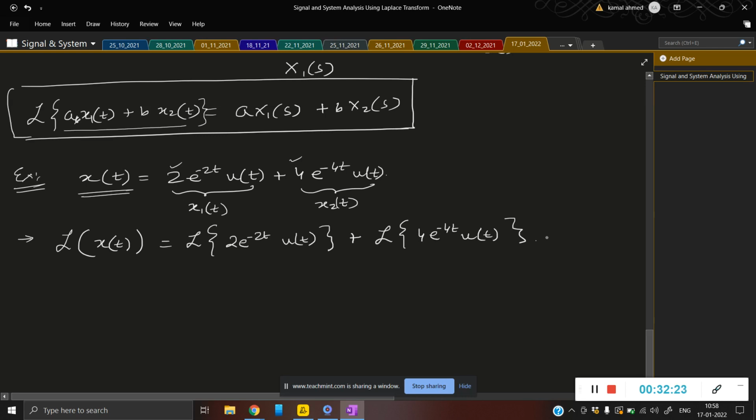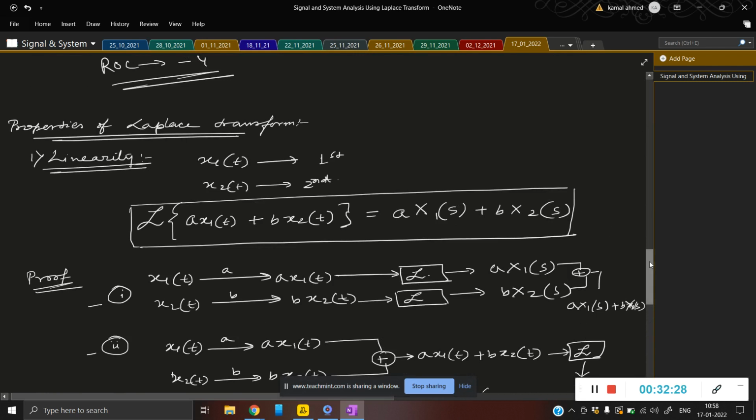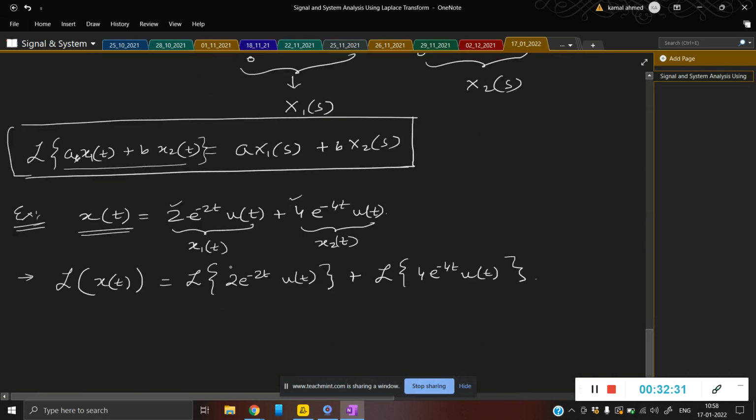I can write it from this property. Now I can find the Laplace transform of this: the 2 comes out, and it becomes L of e to the power minus 2t u(t) plus, sorry, 4 times the Laplace transform of e to the power minus 4t u(t).